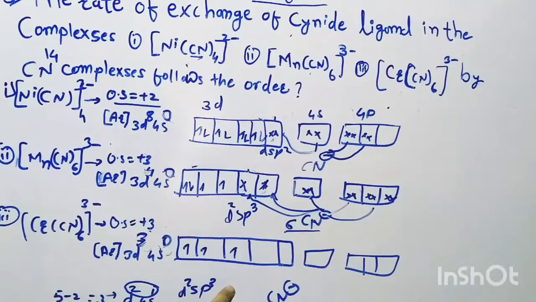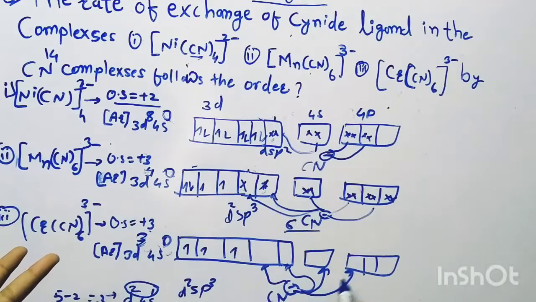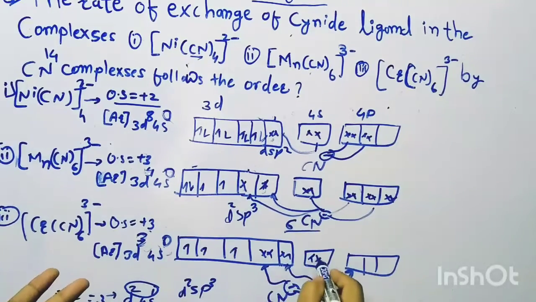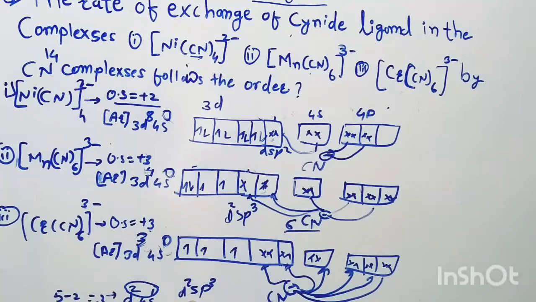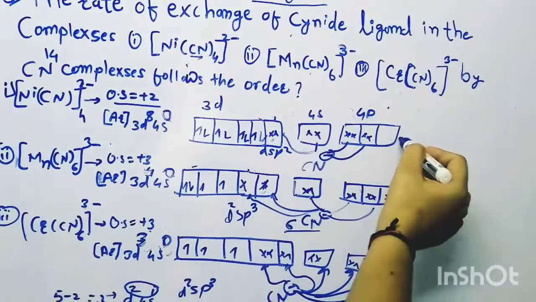Now the 6 cyanide ligands will try to pair in the 3d orbital first, that is d2, and we get a geometry like this: 1, 2, 3, 4, 5 and 6. So we get a d2sp3 geometry for this complex, and this one is found to be dsp2.